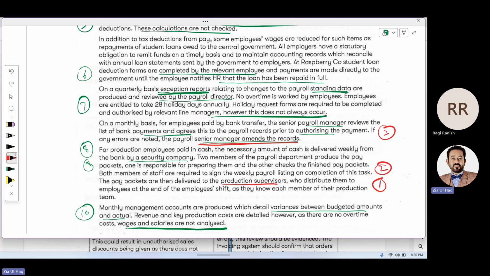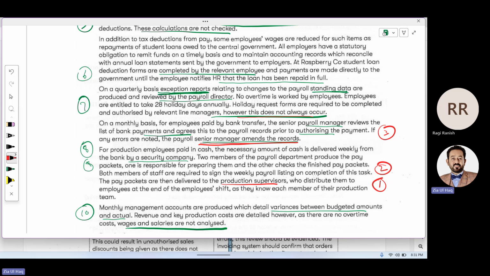There was some other issue. Holiday request forms are required to be completed and authorized by relevant line managers. However, this does not always occur. If holiday forms are not always authorized by the line manager, employees could take unauthorized holidays, or more holidays than they are allowed.